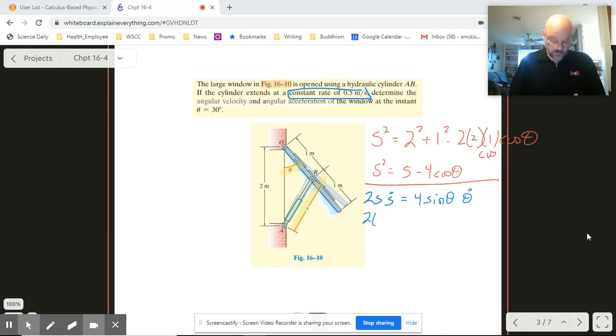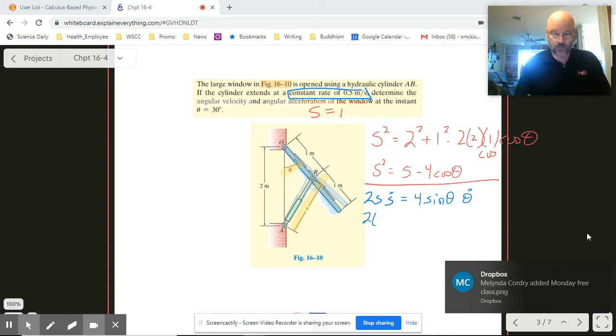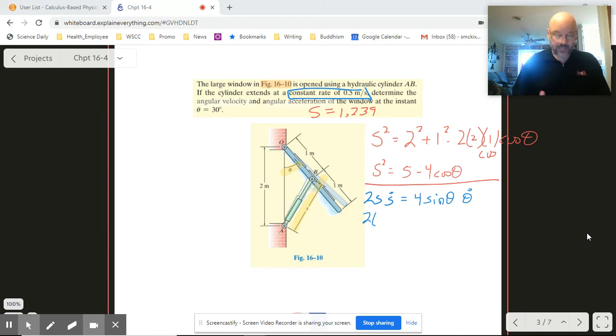So it's the square root of 5 minus 4 cosine of 30 degrees. Okay, so I get 1.239 is my s value, and I need to write that down somewhere. So s at 30 degrees is 1.239, just like that.